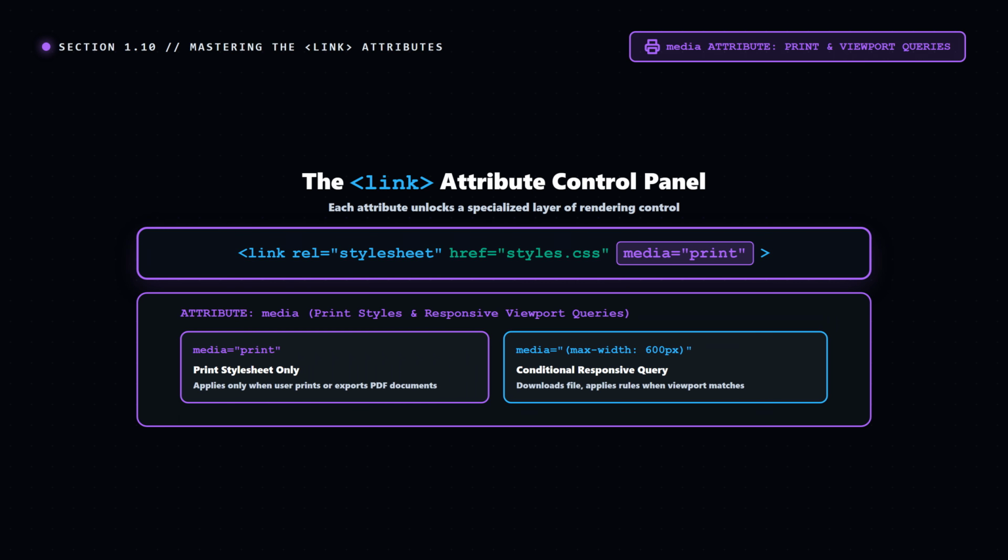The media attribute is incredibly powerful. By setting media equals print, you create a style sheet that only applies when the user prints the page. By setting a media query like media equals (max-width: 600px), you can conditionally load styles based on viewport size. Though this still downloads the file, it only applies the rules when the query matches.